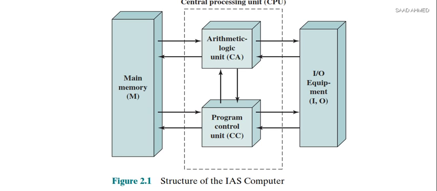So in the middle we can see the program control unit, CC. This is the one that is going to perform the central control of the whole system.